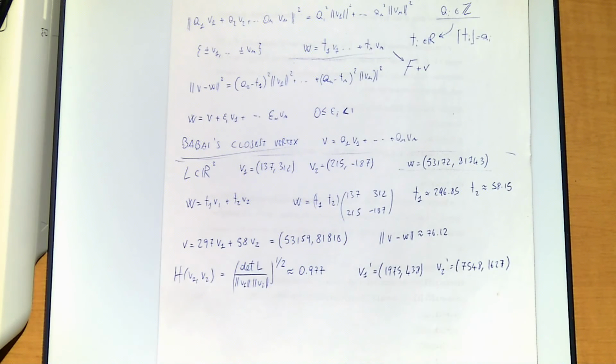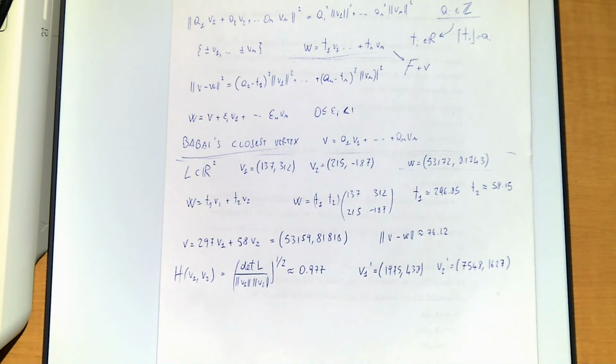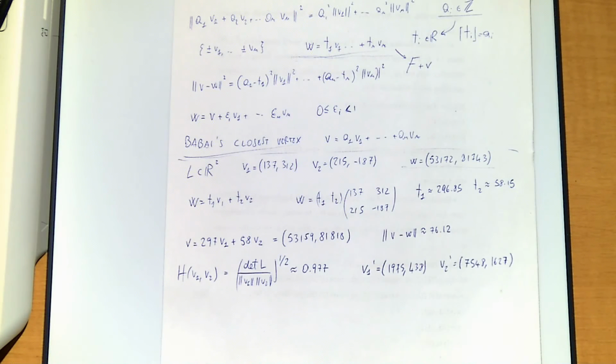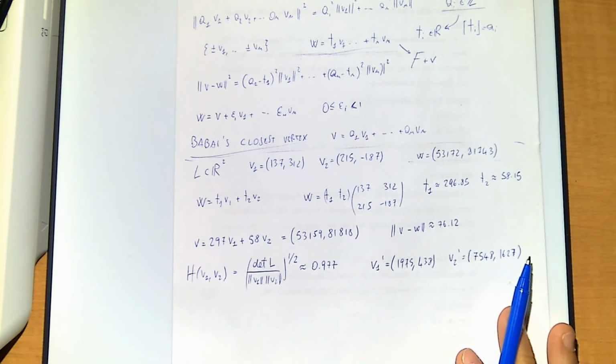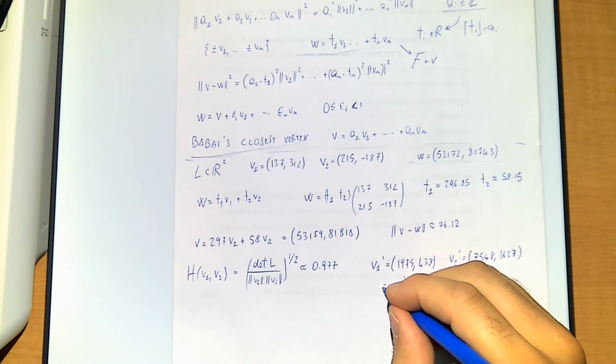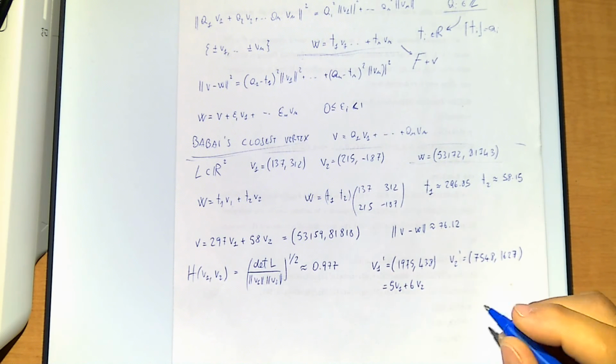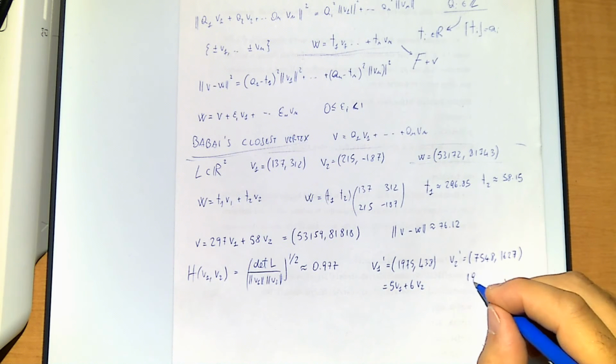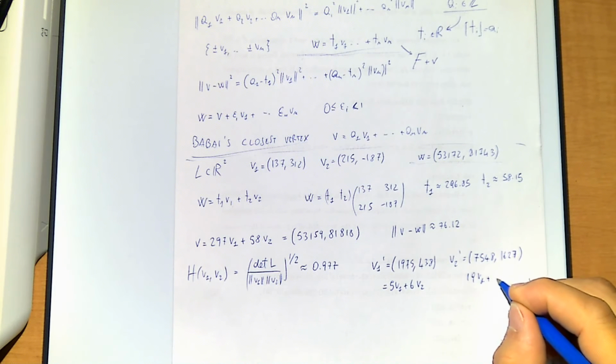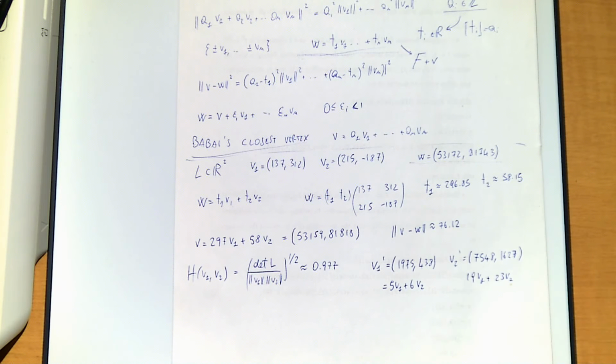One thing you can notice already is that this one had a negative component; in this one all components are positive. If you're curious, this one is 5V1 plus 6V2, and this one is 19V1 plus 23V2. So it's a linear combination of the previous basis. If you do the matrix, it has determinant 1 or minus 1.